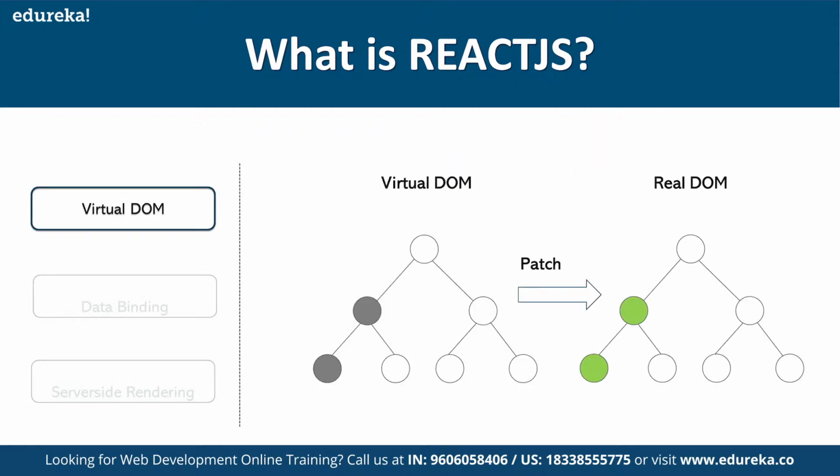Here we have the concept of the virtual DOM itself. The DOM, as we know, is the Document Object Model. In React, we can create multiple virtual DOMs, and it's more like the actual DOM itself. The virtual DOM is also a node tree that we use to list the elements and their attributes and content as objects and their properties.